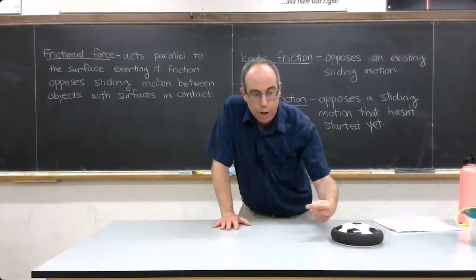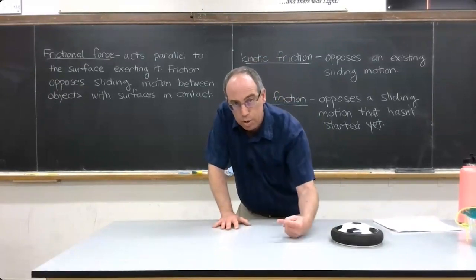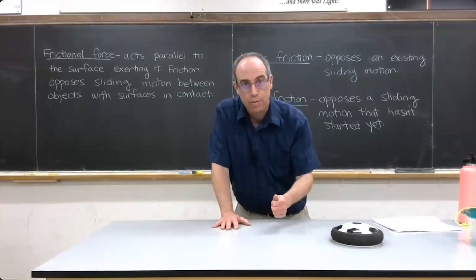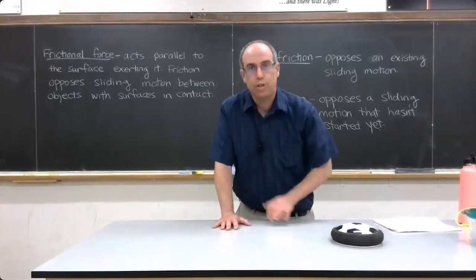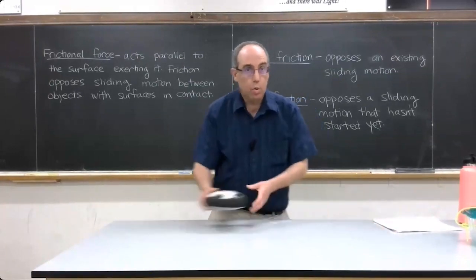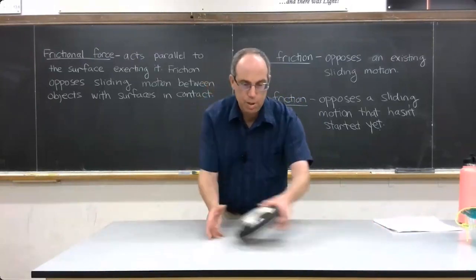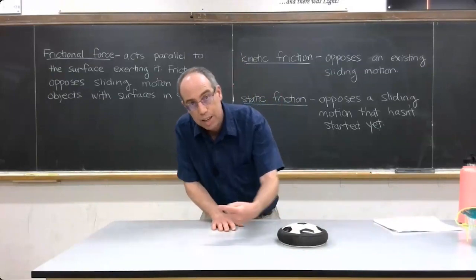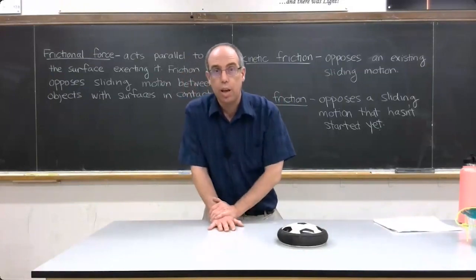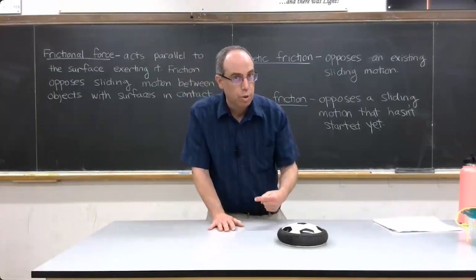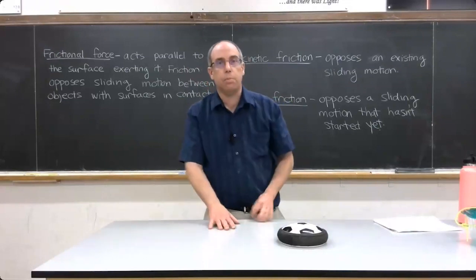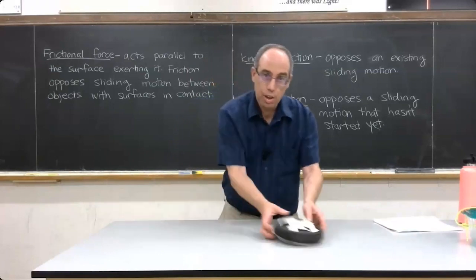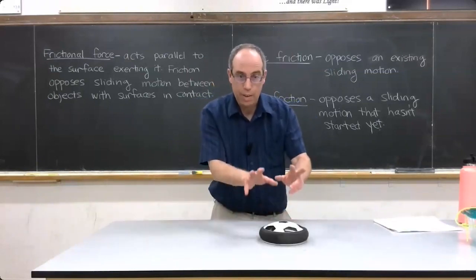Now, was that frictional force that opposed the motion of the air puck and brought it to rest a static friction force or a kinetic friction force? Well, in this case, our frictional force opposed an existing sliding motion. A frictional force which opposes an existing sliding motion is a kinetic frictional force. So in this case, we have kinetic friction acting.